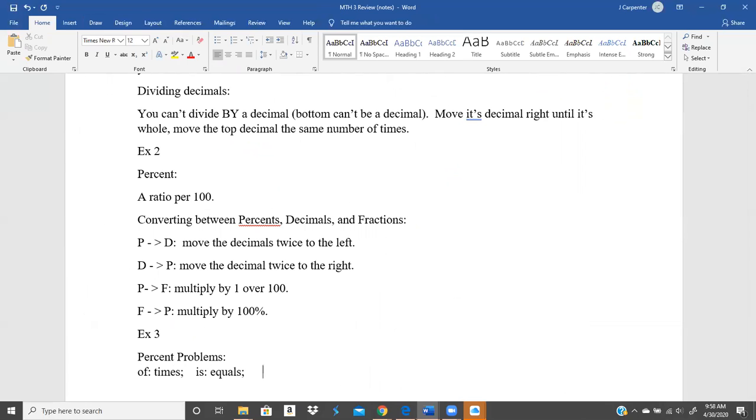Then we had the words what or what number or what value. Those all mean X. And then I said that I really suggest if you see the phrase what percent to instead use the letter P because there was an extra step at the end. You typically had to convert a decimal to percent at the end of the problem.